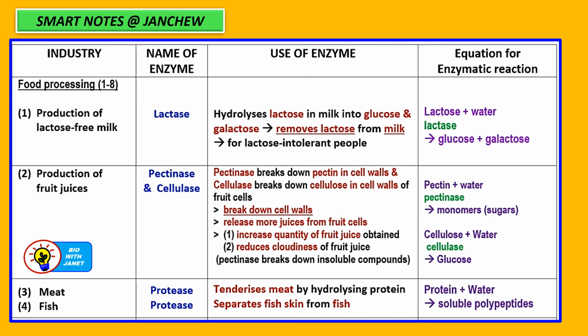So some students have asked for the notes related to these slides. So here I have the notes for the table showing the industry, name of enzyme, use of enzyme, and equation for enzymatic reaction, which we have discussed in the previous slides. So here I put it in the table format, so it's easy for you to copy. However, the earlier notes on immobilized enzyme you will have to get from the slides just now, okay, in the earlier section of the video.